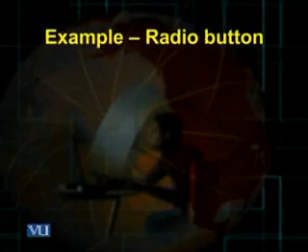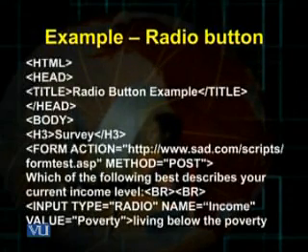Let's have a look at the code which has resulted in this web page. As you can see in the slide, in the body tag there is a heading, survey, then the form tag, action, there is a URL, method, post, then the question runs, which of the following best describes your current income level?